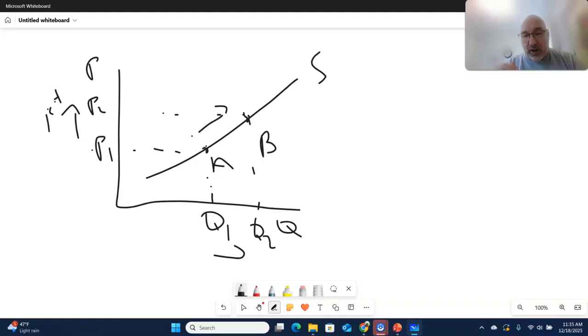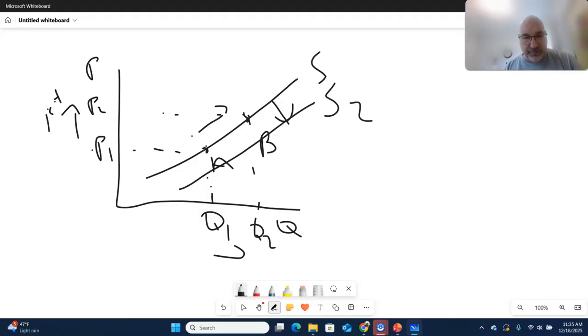All right. That is the way supply works. It's pretty simple. Not really a problem, but that movement along one curve, 2 points, is called a change in quantity supplied. Now, if I go from S to S2, that is a change in supply because now I have two curves of which no points are the same.